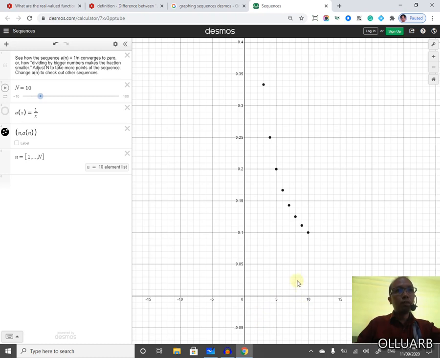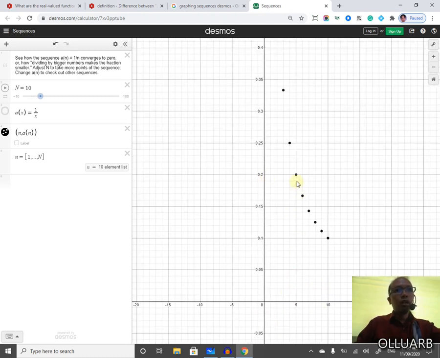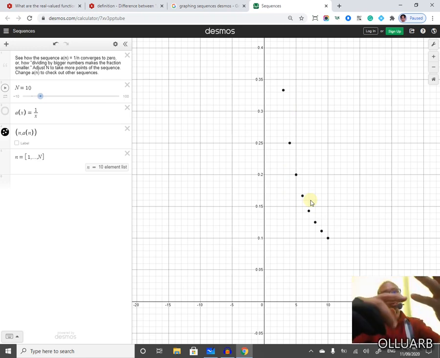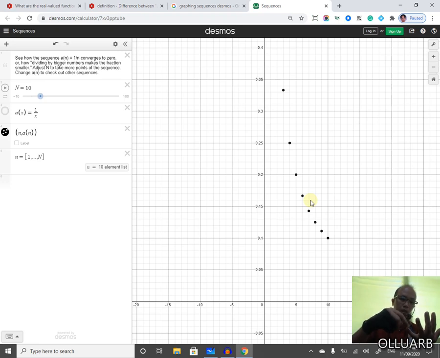So this is the reason why you have a dot. Between 1 and 2, the points from 1.01 up to 1.999 are not included.